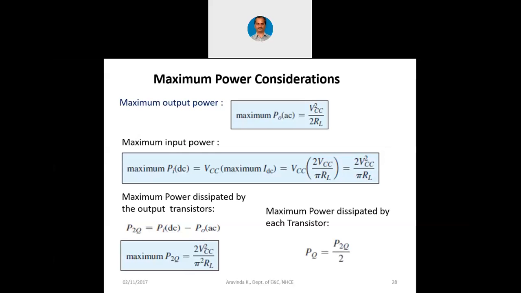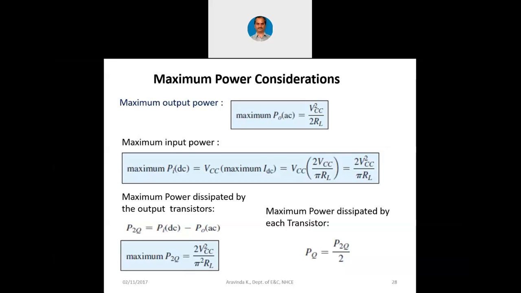Why is this important? This is important because we have to select a device which can have at least double the maximum power rating. When we know the load resistance and the supply voltage, we will be knowing the load resistance because we will be knowing to which particular load we connect this amplifier. And we will be knowing the supply voltage.